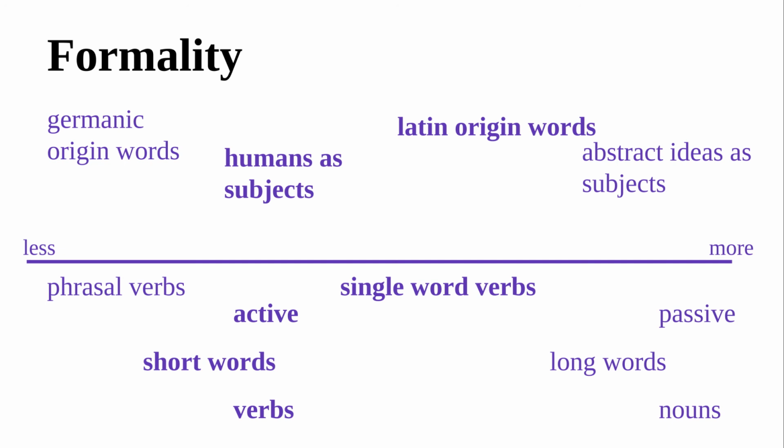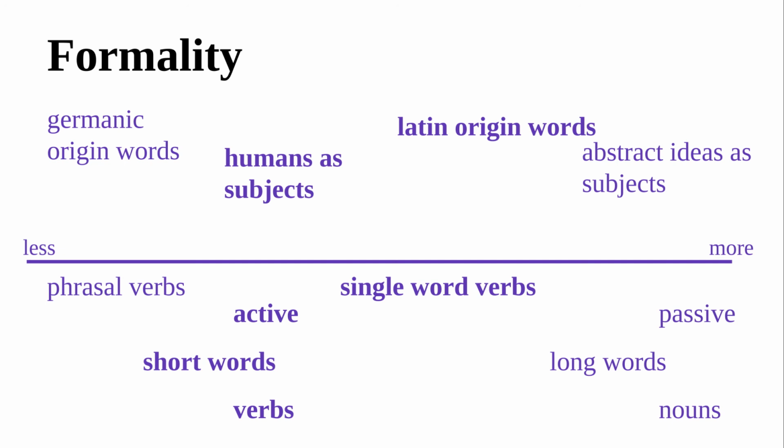This does not mean that you will never use the passive voice, or that you will never use a Germanic origin word, or that you will never use a phrasal verb, or that you'll never use a long word in your text. You will, of course, use those. The key to creating a readable text is creating a balanced text and having a reason for the decisions that you make.